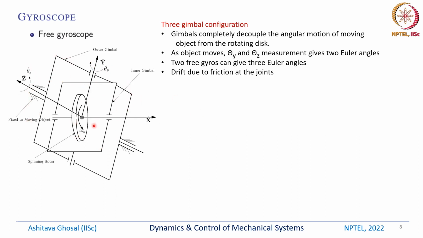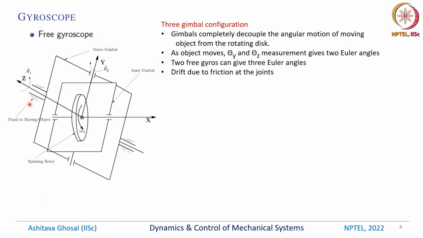This is an example of a 2 gimbal configuration where you have an inner gimbal, an outer gimbal and a spinning rotor. We'll come to that a little later, what it is used for. If you had a 3 gimbal configuration, which is not shown here, these gimbals completely decouple the angular motion of the moving object from the rotating disc. These hash lines are the moving object.